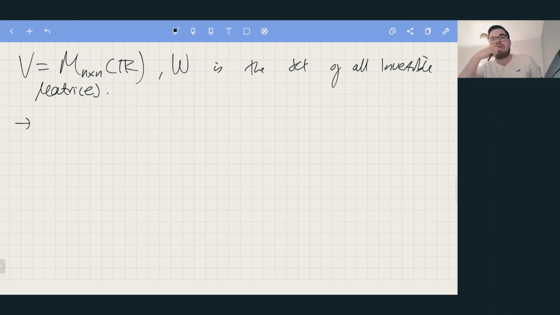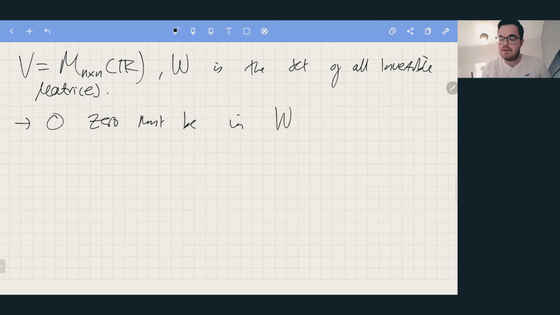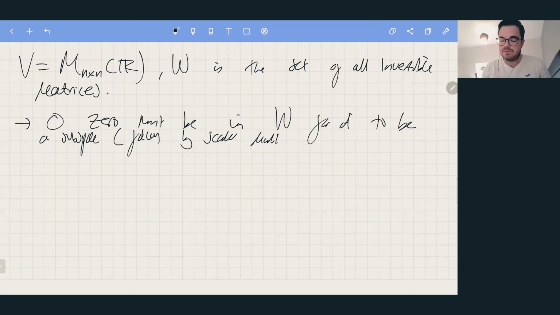If you hark back to what I said before, the zero vector must always be in a subspace. So we can see here that the zero vector must be in W for it to be a subspace. This follows by scalar multiplication closure.